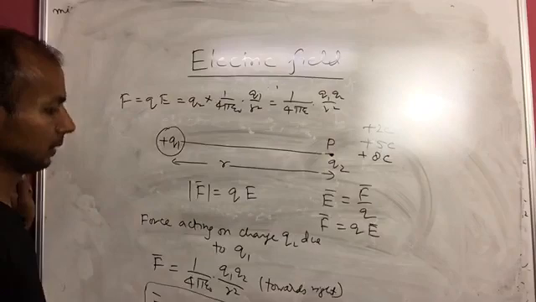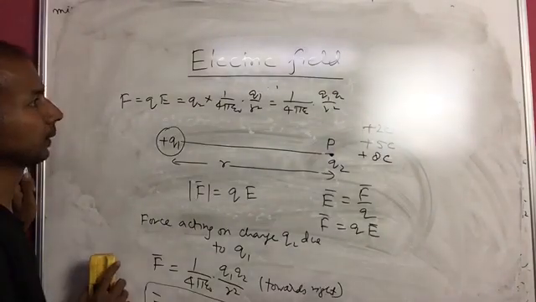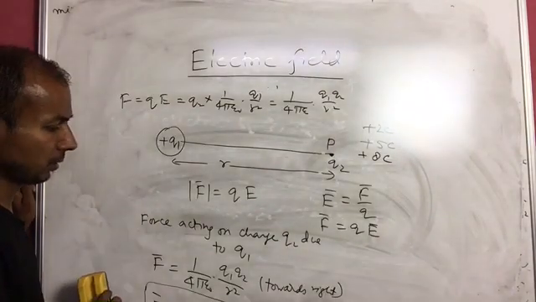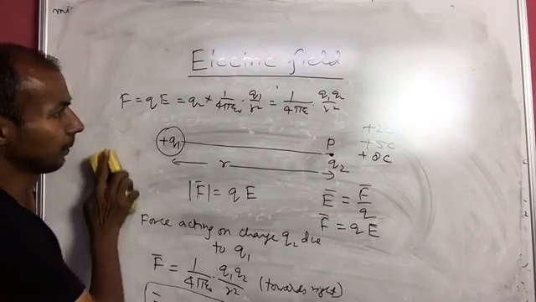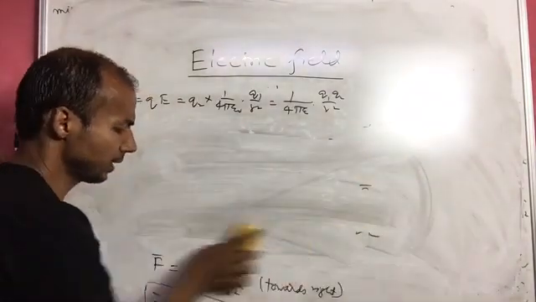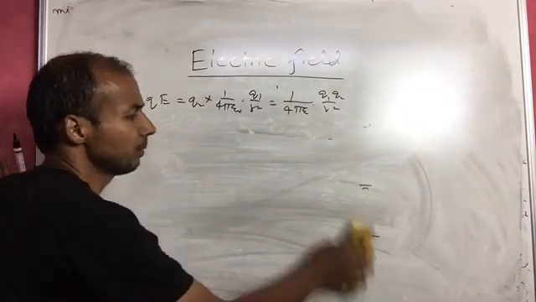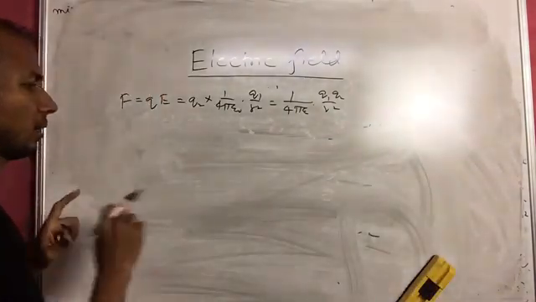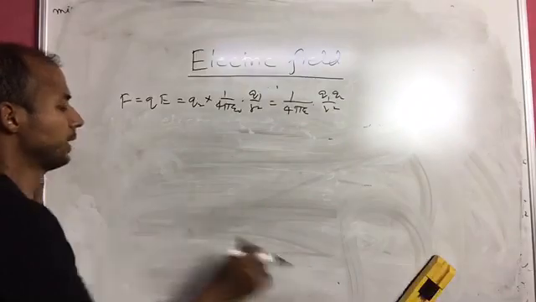Now we'll see the direction aspect of electric field. Okay, some very common electric fields. So let us take examples. We take an isolated positive charge, an isolated negative charge, and a combination of positive and negative charge.